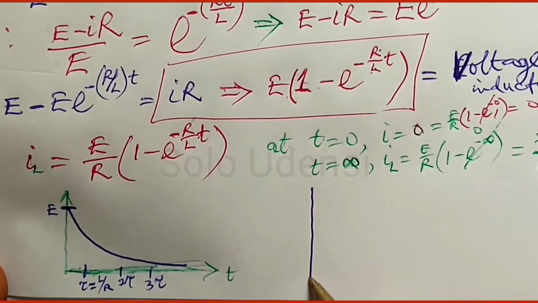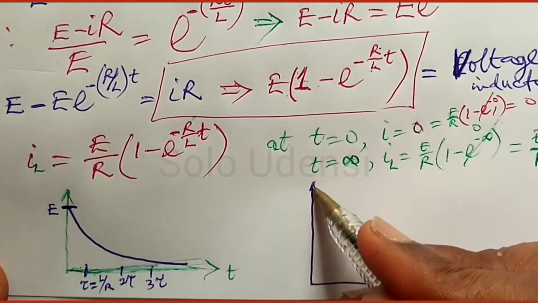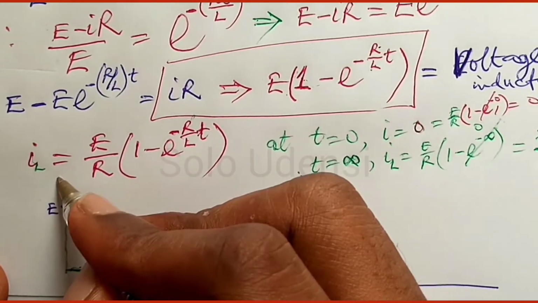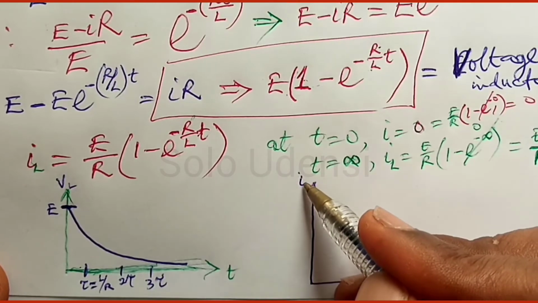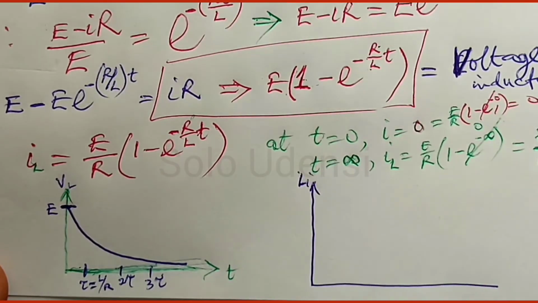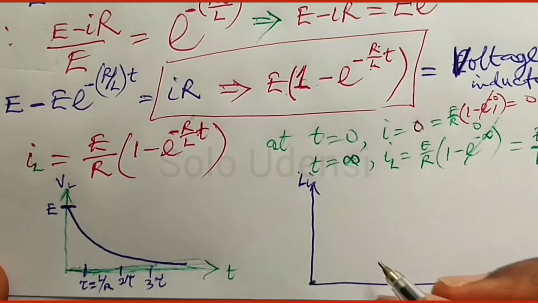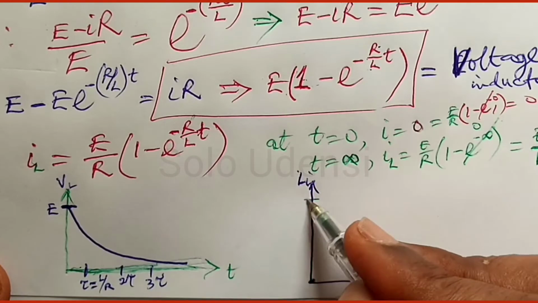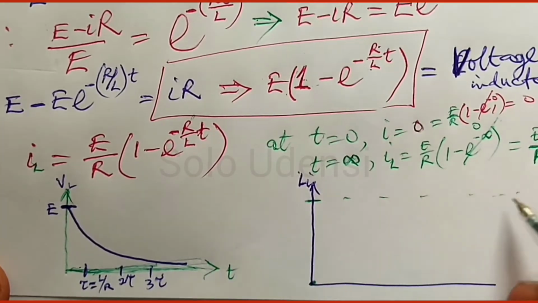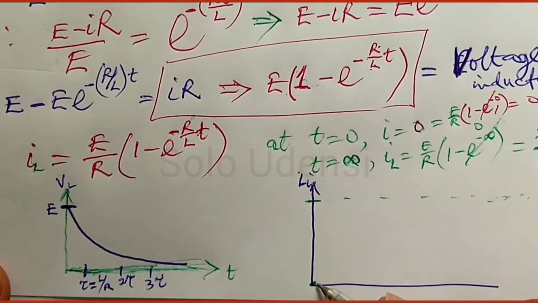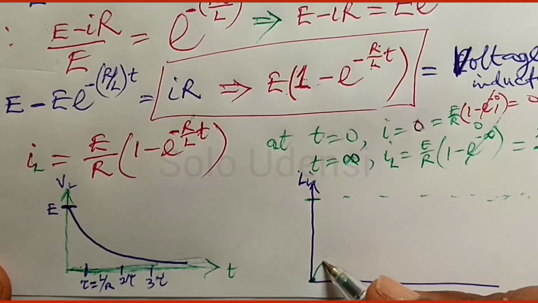Whereas the current I, this is voltage VL, this is IL. So the current will be 0 at t is equal to 0 and maximum at infinity, if you like. So you have something like this.